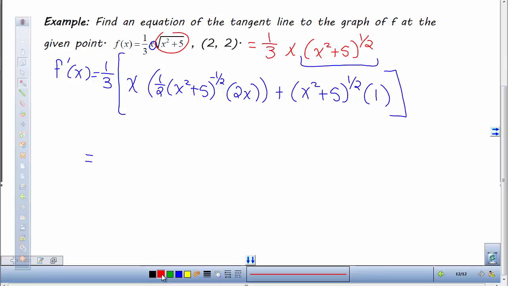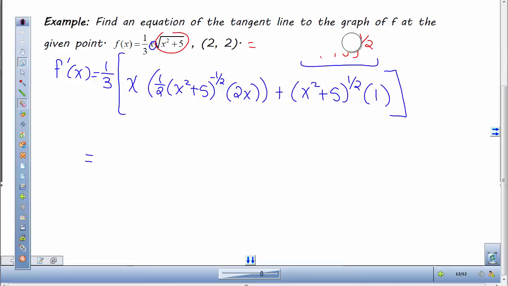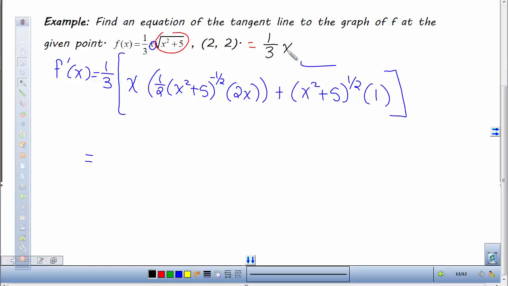Okay, so I used the product rule, right? I got away from my colors over here, so let me rewrite this a little bit. We had 1/3 times x squared plus 5 to the 1/2.